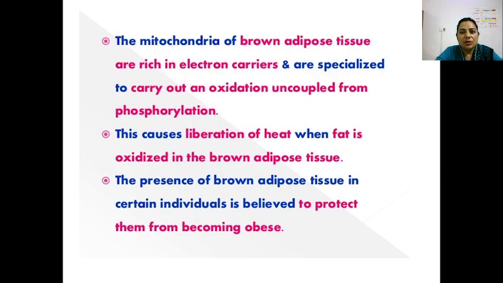The mitochondria of the brown adipose tissue are rich in electron carriers and are specialized to carry out oxidation uncoupled from phosphorylation. This causes liberation of heat when fat is oxidized in the brown adipose tissue. The presence of brown adipose tissue in certain individuals is believed to protect them from becoming obese.